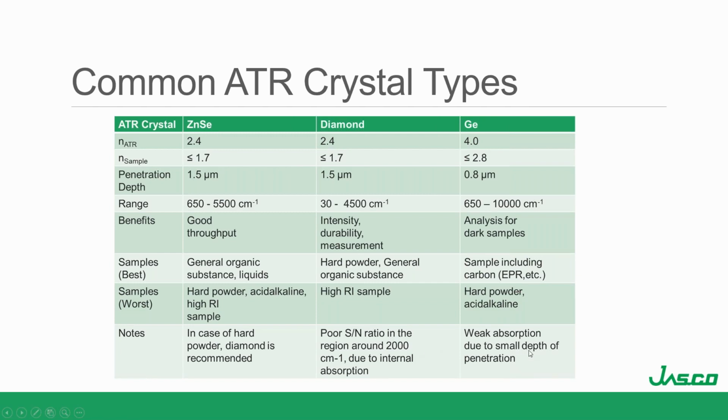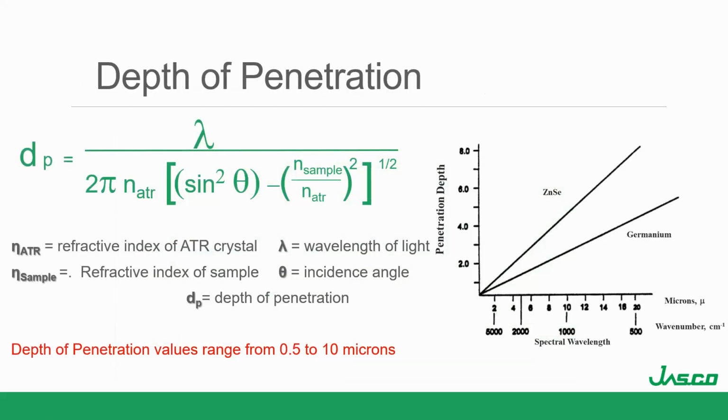Germanium's downside is that the small depth of penetration means that you get weak absorption. So I was talking about penetration depth. The penetration depth, dP, is related to the wavelength divided by a relationship of the refractive indices of the sample and the ATR.